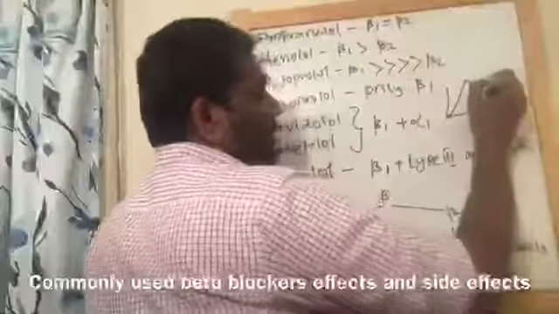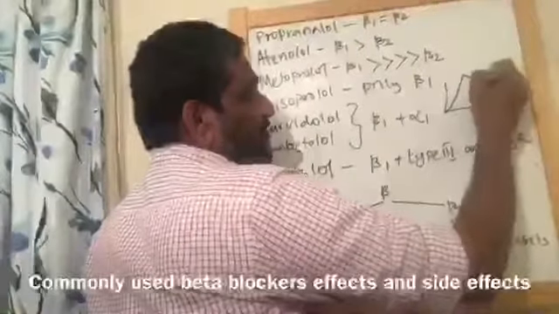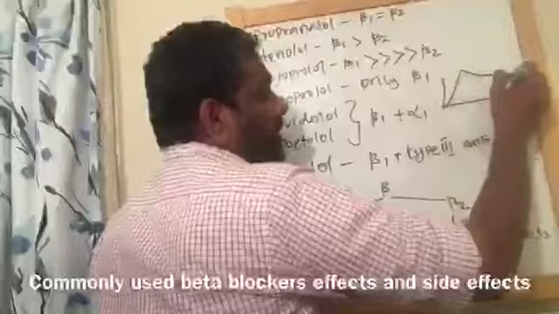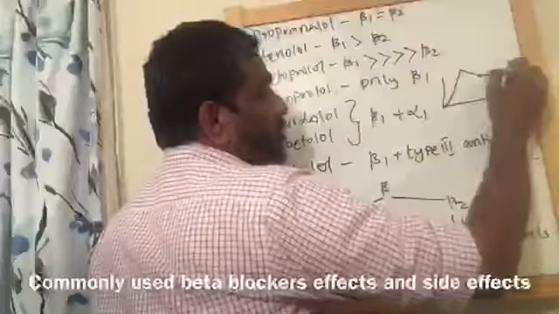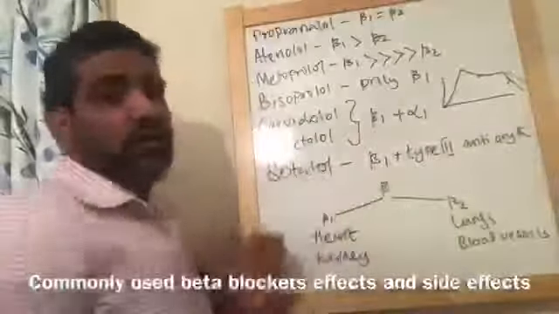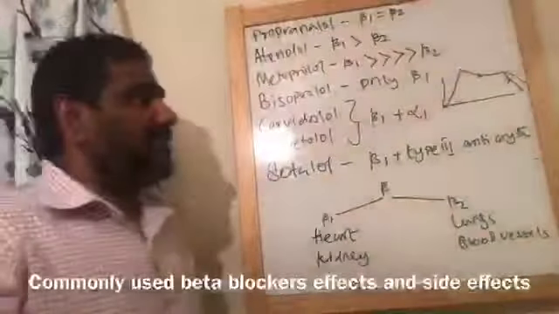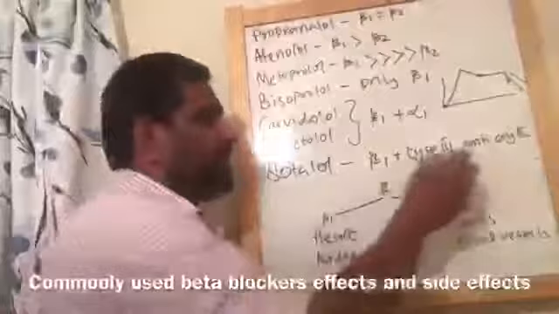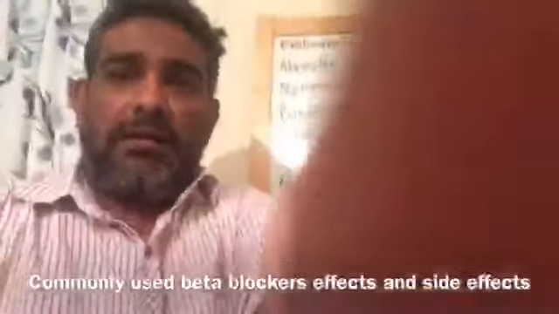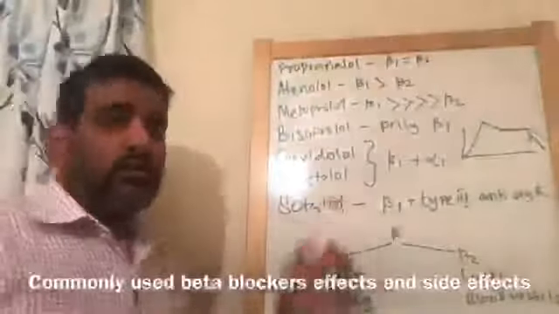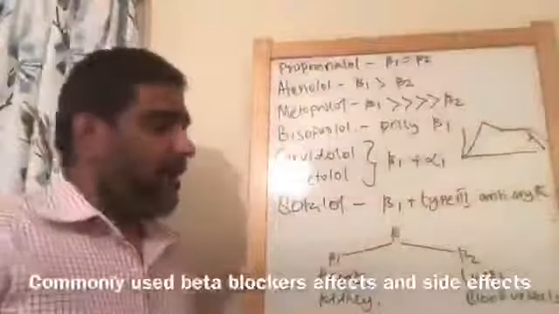This is the calcium plateau stage. This is the repolarization, and this repolarization can be prolonged if you administer sotalol. So it functions as a type 3 anti-arrhythmic drug like amiodarone. Amiodarone and sotalol fall into the same category.